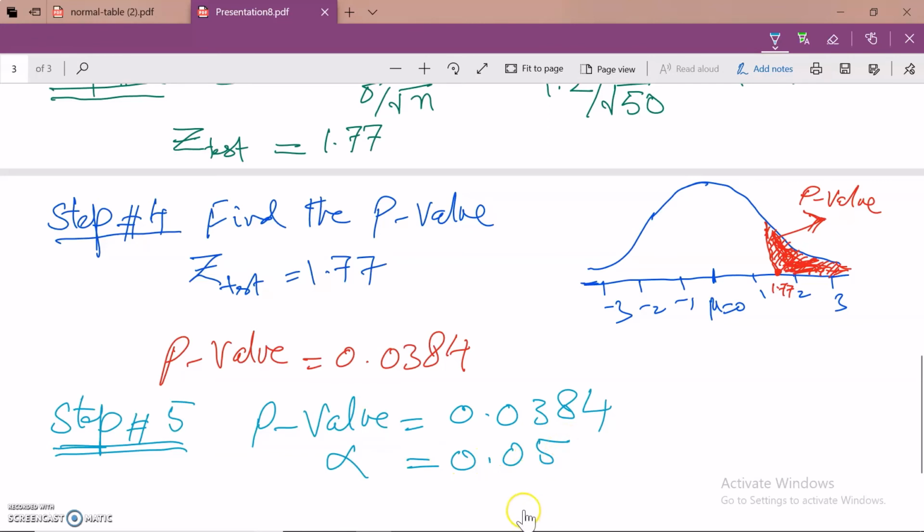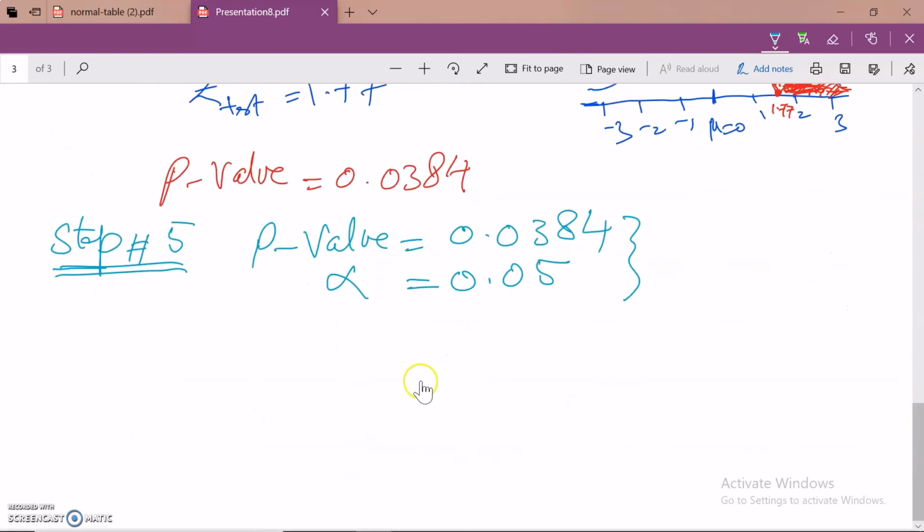That's the p-value, 0.0384, and that's alpha. We are going to compare these two values, number by number: 0, 0, 0, 3, and 5. So this number is smaller than this number. So we note that the p-value is less than alpha.